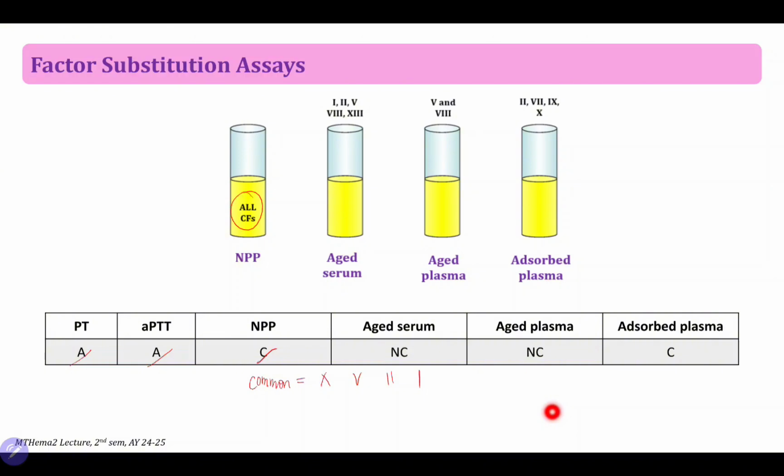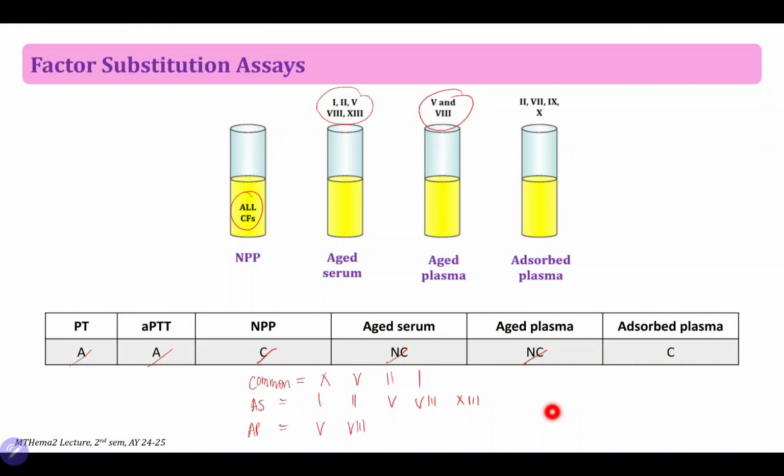Okay, next, you're going to look now at the reagents that have not corrected. And these are your aged serum and your aged plasma. The factors not present in aged serum are factors 1, 2, 5, 8, and 13. And then in aged plasma, the factors not present are factors 5 and 8.